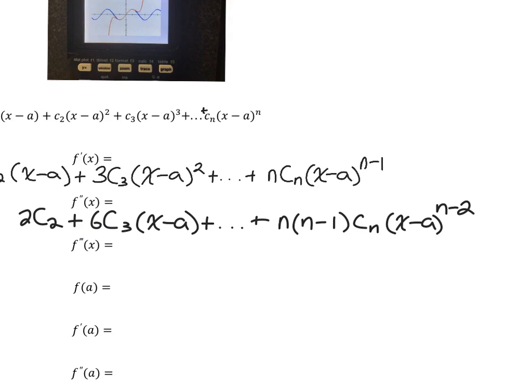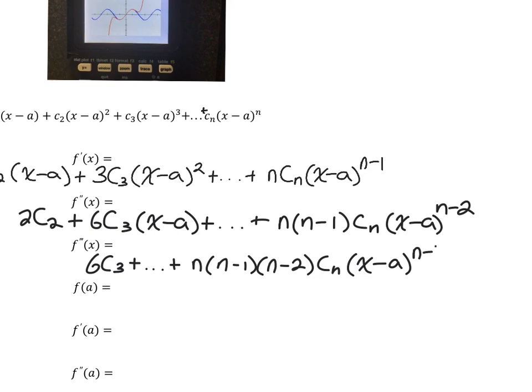Although, maybe not. Because in the next one, 2c sub 2 is going to cancel away, because a constant has a derivative of 0. So then we'd be looking at 6c sub 3 plus n times n minus 1 times n minus 2 times c sub n times x minus a to the n minus 3.